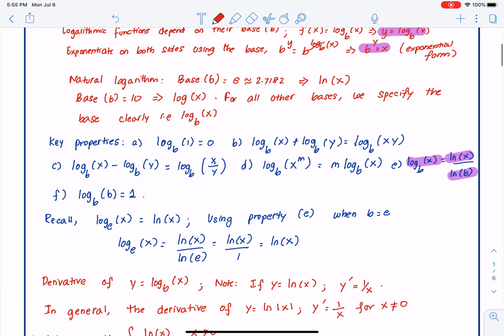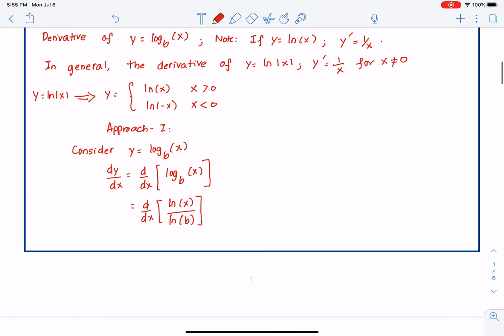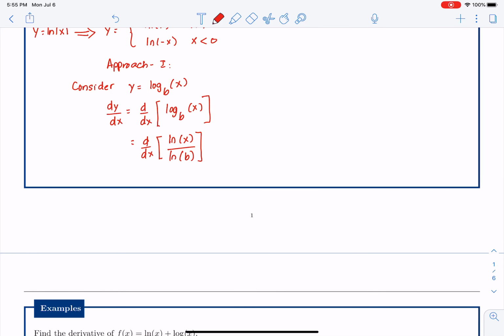If we go back, I used property e from above. Ln of b is a constant because b is a constant, so I could pull that out. And then I have d over dx of ln of x, which would simply give us 1 over ln of b times 1 over x.